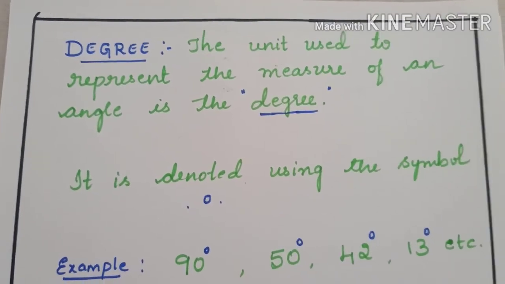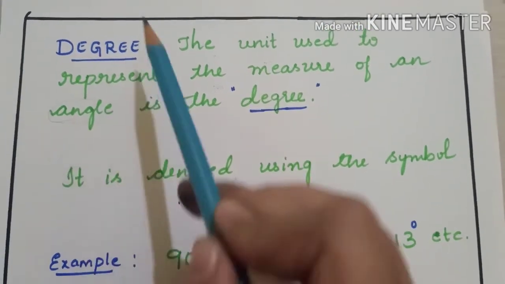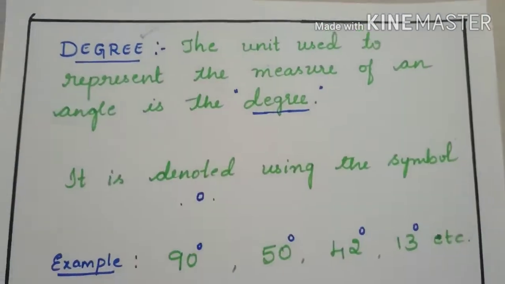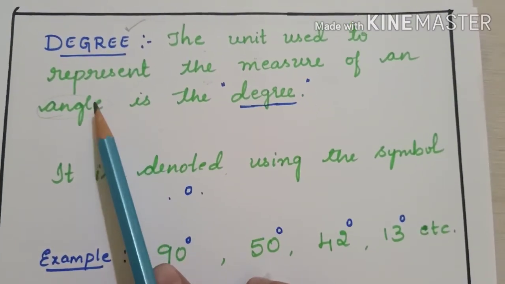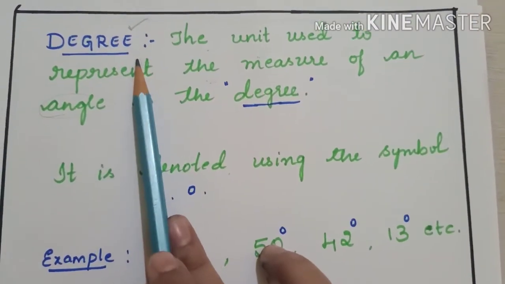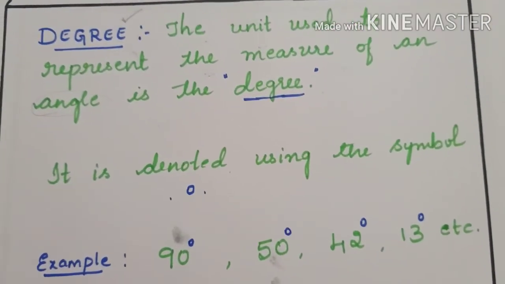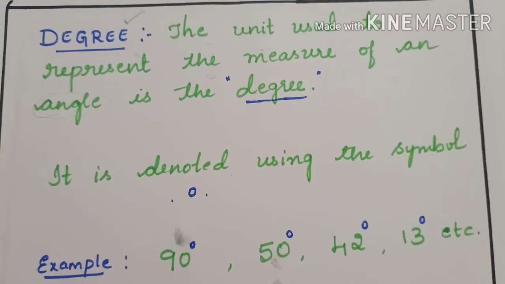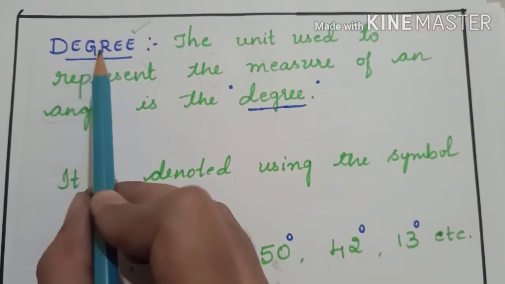In the same way, the measure of an angle is measured with degree. The unit used to measure our weight is kg, right? Kilograms. Likewise, the unit used to represent the measure of an angle is degree.